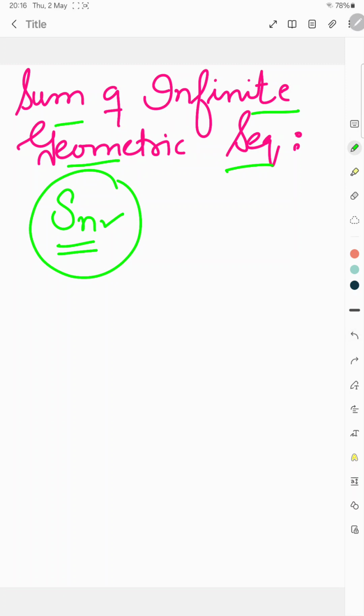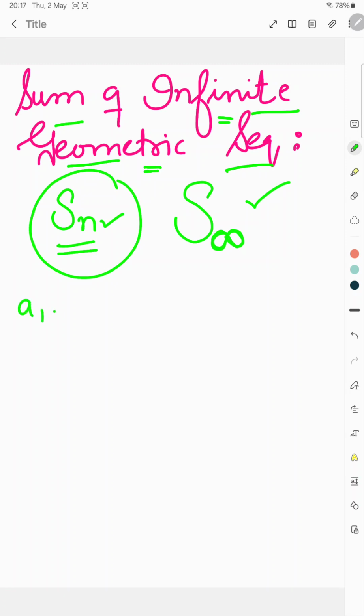So we will find the sum, but here we will use infinity because we are talking about an infinite geometric sequence. So here we have to find S infinity. Now what is an infinite geometric sequence?